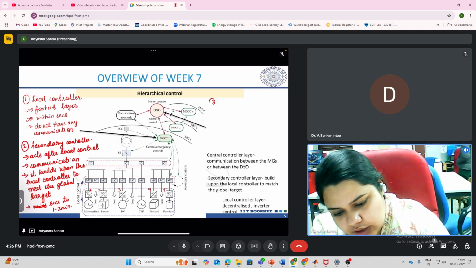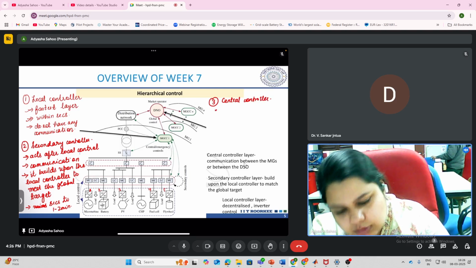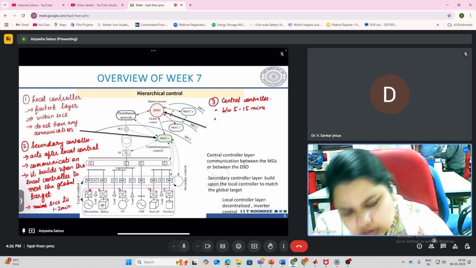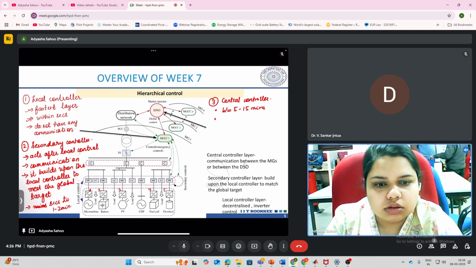Now, finally, we have the central controller. Its time of operation is between 5 to 15 minutes. It has two goals.